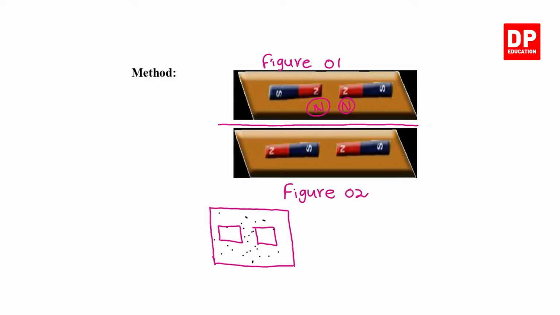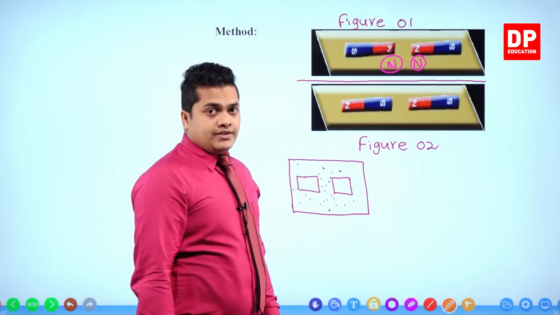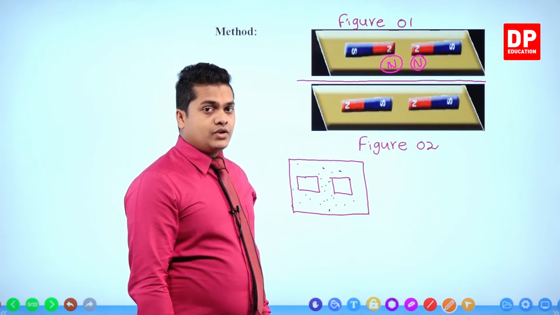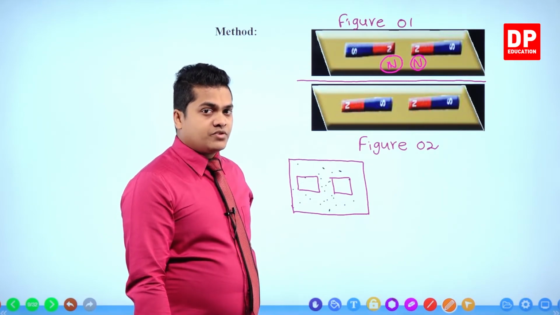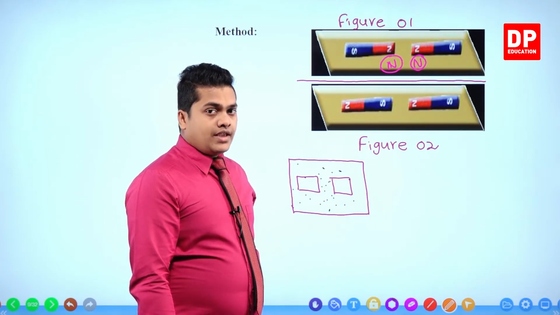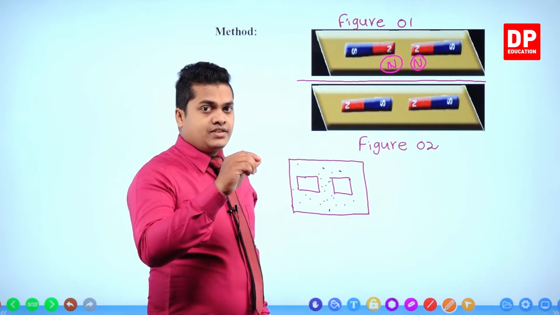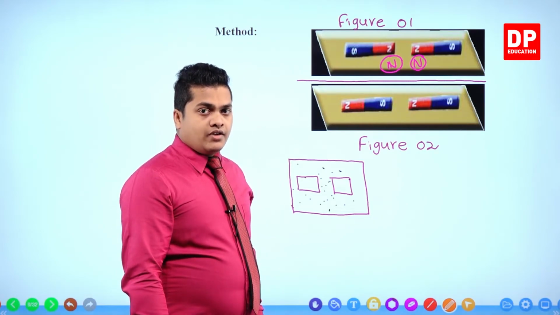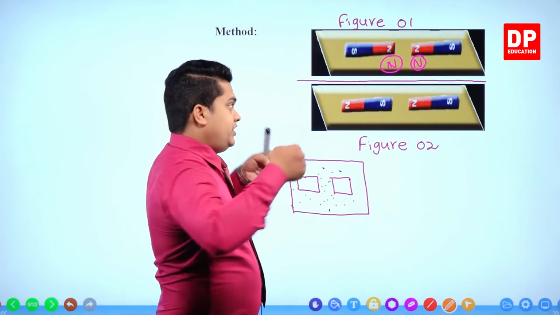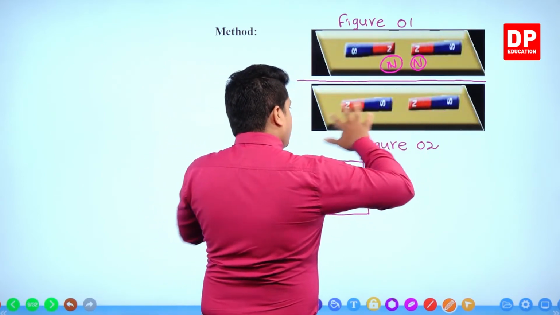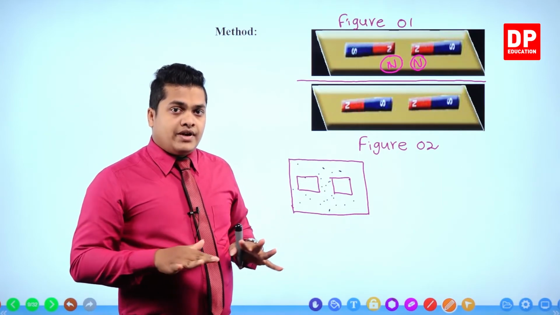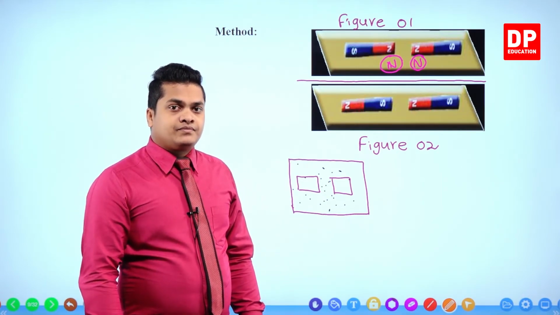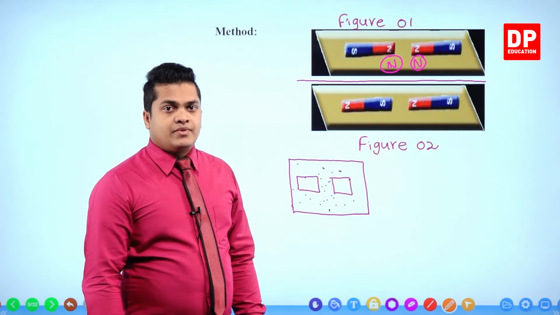We place the A4 sheet on the thermocol board, then we put some iron filings on it, then we tap gently, then after that paste some glue on a different A4 sheet, then we press it over the setup to imprint that pattern of iron powder. So that's the way of doing the experiment.